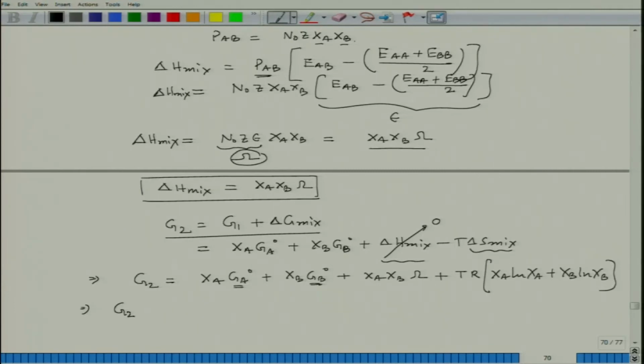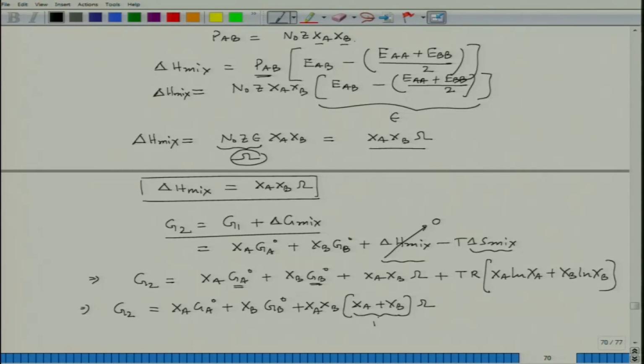then G2 equal to X_A G_A^0 plus X_B G_B^0 plus I can write this one as omega X_A X_B times (X_A plus X_B). Now, this is nothing but 1.